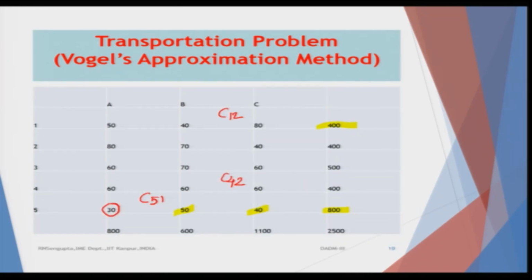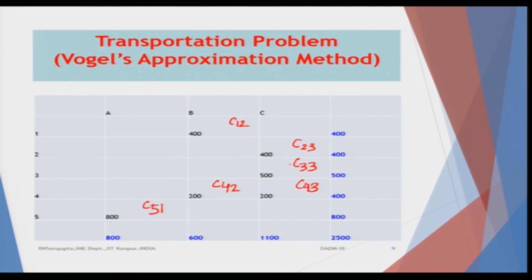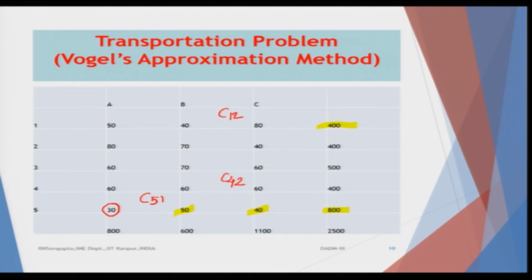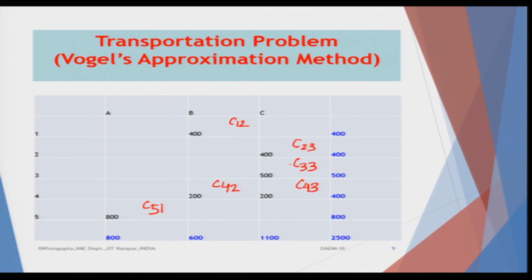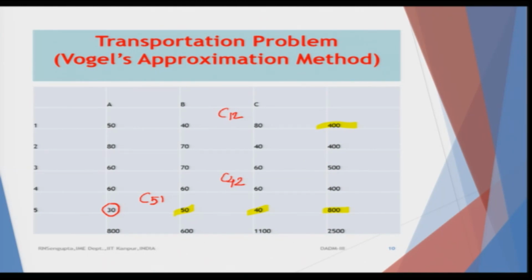So, that was 400 into 40, then 500 into C3 3, 500 into 60, and the last value, because 200 was still left, 200 into C4 3, which is 200 into 60. So, in this way I have allocated all the quantum.